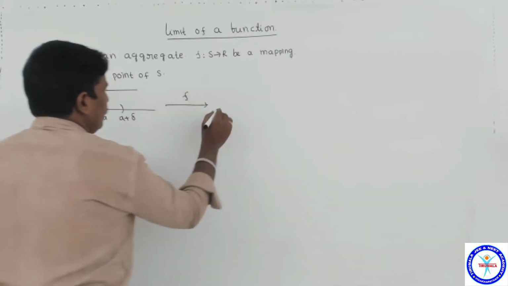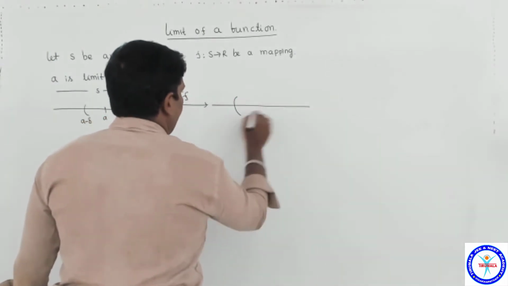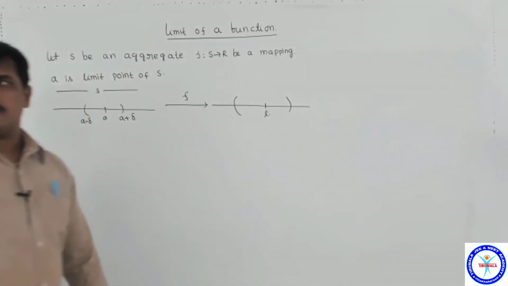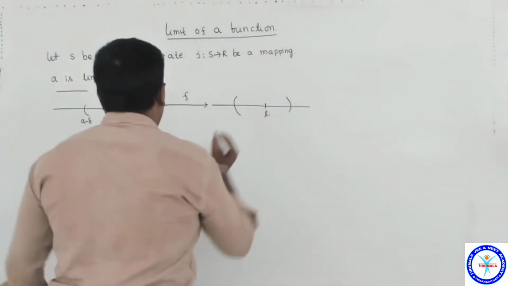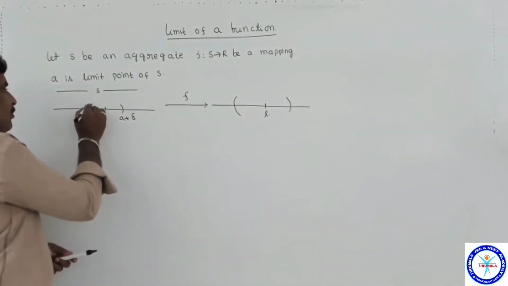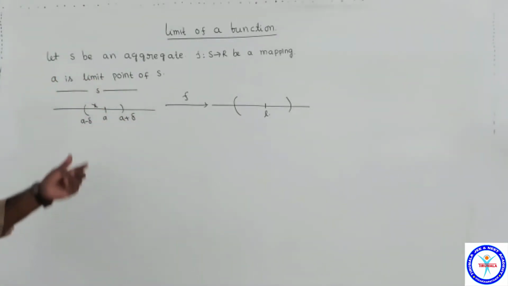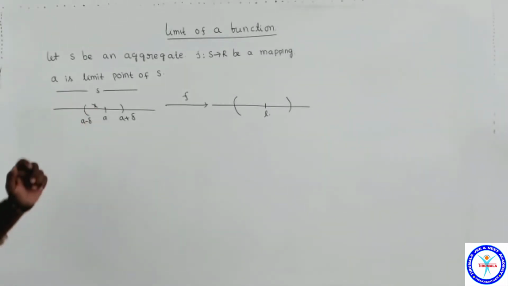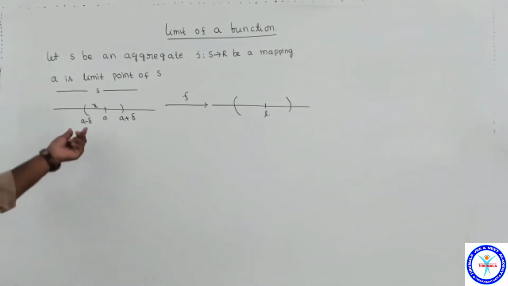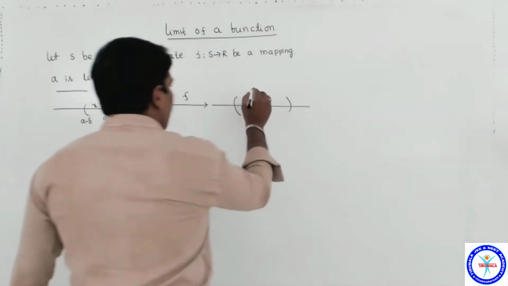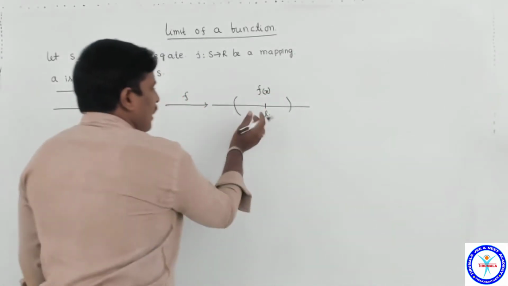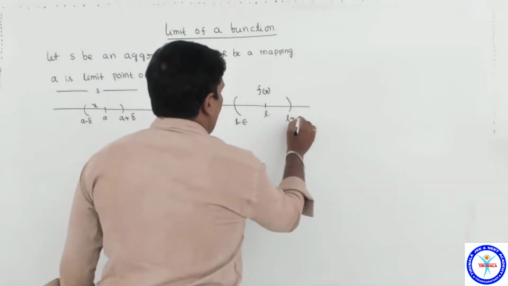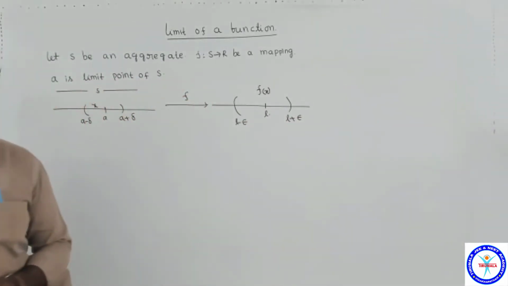This is the function and this is again the real line, and this is L, where L belongs to R. If x lies in the left neighborhood, between A minus delta and A, then all the images always lie in the neighborhood of L, that means L minus epsilon, L plus epsilon, where epsilon is a positive real number.